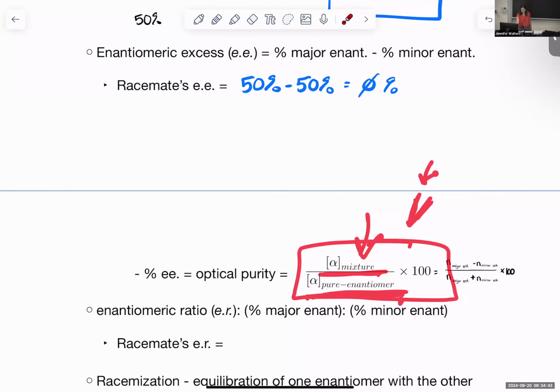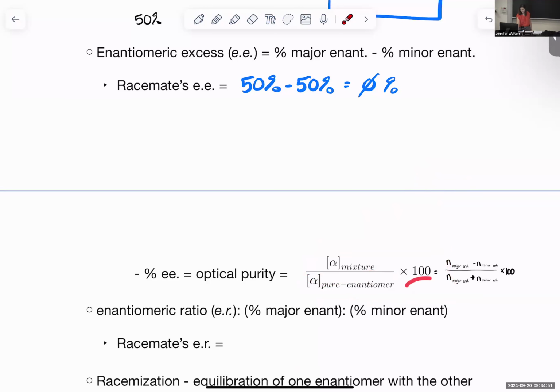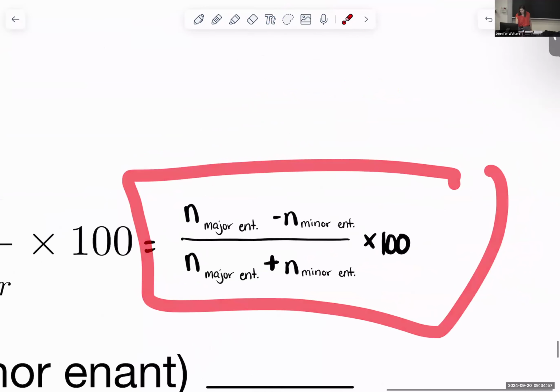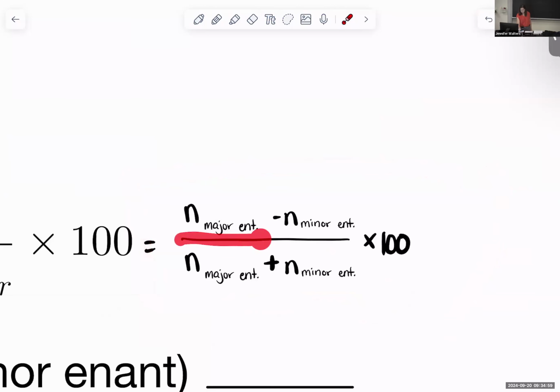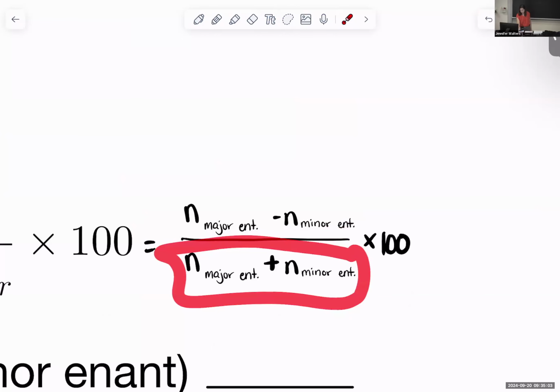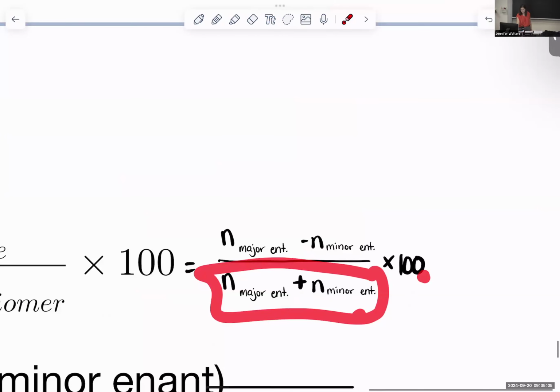So it pulls back a bit. If this was pure, you're like, all right, what is that? It is the mixture that you observe over the pure times 100. That would be your percent EE. And then you can also calculate it from moles, where you look at the moles of the major minus moles of the minor, and then divide that by the total times 100, that also gives you your percent EE.